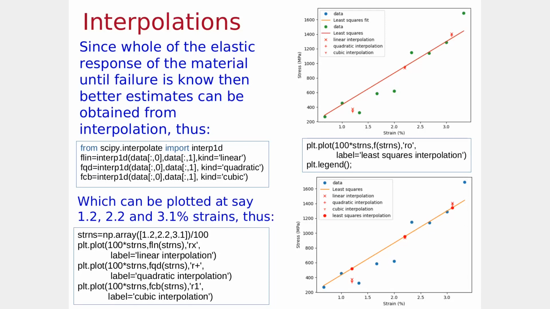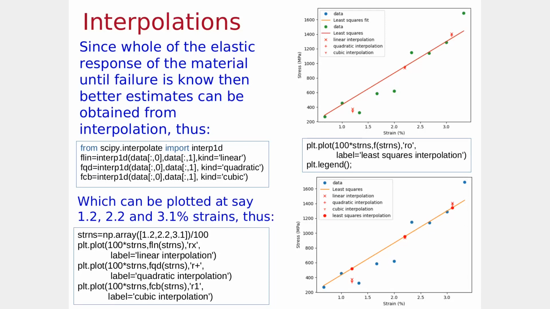We can then put the strains in that we require, which, if you care to calculate these from previously, would be 1.2, 2.2 and 3.3 divided by 100, of course, to put them into percentage strains.